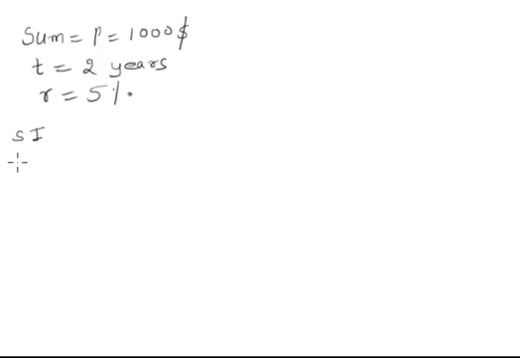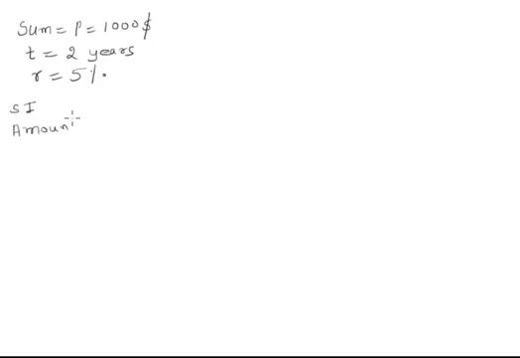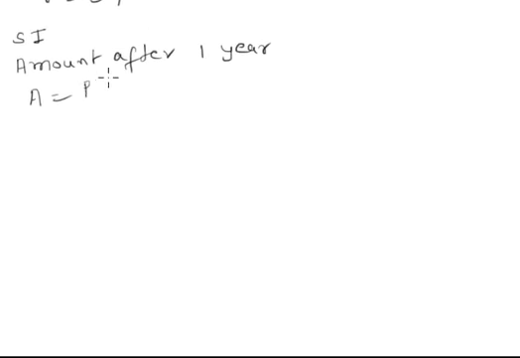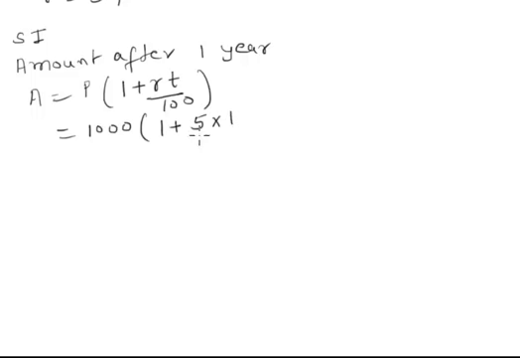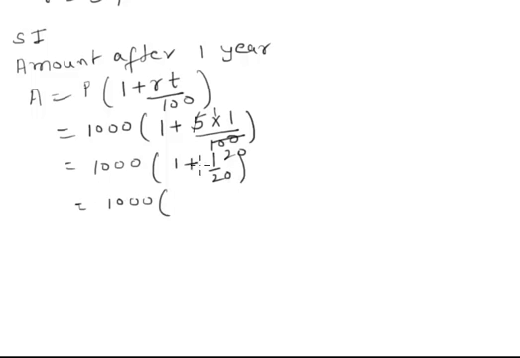In case of simple interest, the amount after 1 year is A equals P times (1 plus RT over 100). So P is 1000, R is 5%, time period is 1 year, over 100. So 1000 times (1 plus 5 times 1 over 100), that is 1 over 20. So 1000 times (1 plus 1 over 20).